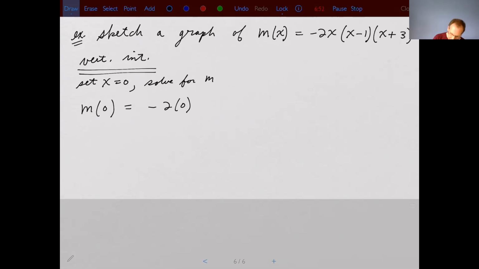Actually, since I have a 0 out there, it looks like it's just going to be 0, right? So this will be 0 minus 1, 0 plus 3. So I have negative 2 times 0 times negative 1 times positive 3. That's equal to 0. So definitely our vertical intercept is going to be the point 0, 0. So we know the graph passes through 0, 0. Okay, now horizontal intercepts.